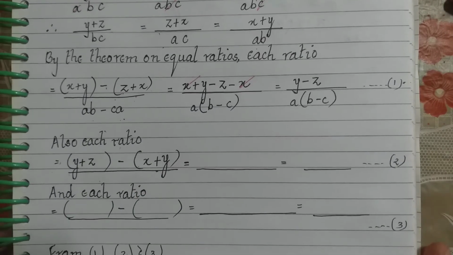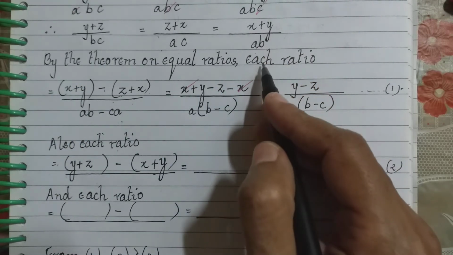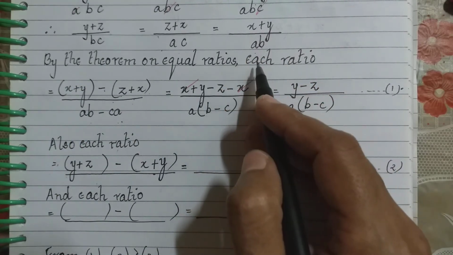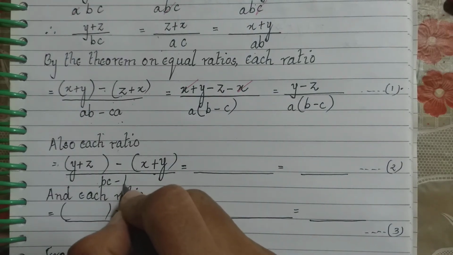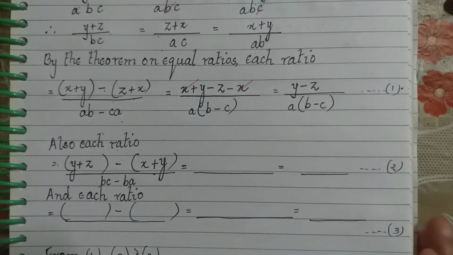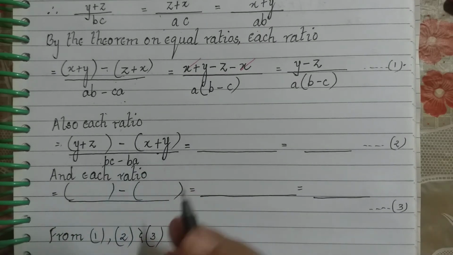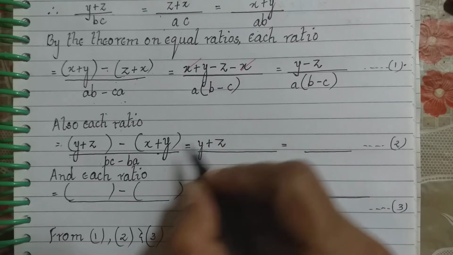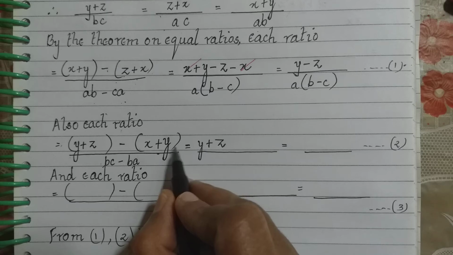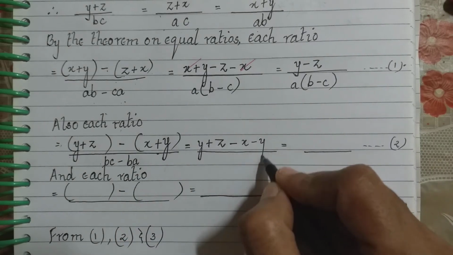What is the denominator there? y plus z is bc and x plus y is ab or ba. So I'll write here bc minus ba. Whether I write ab or ba, it is the same. Now I have to expand this. So this becomes y plus z, and this minus sign comes for both, so minus x minus y.